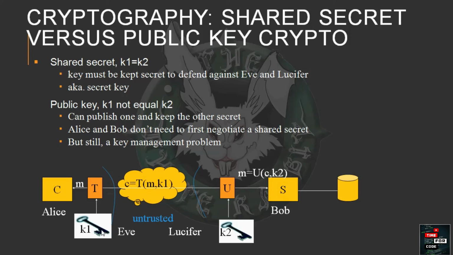But at least it's useful to have different keys, so that now you only need to keep K2 private. A disadvantage though of public key cryptography is that it's computationally more expensive. So one popular way that it's used is to derive a shared key between the transmitter and receiver, following which the actual data communications would be encrypted with that derived shared secret.